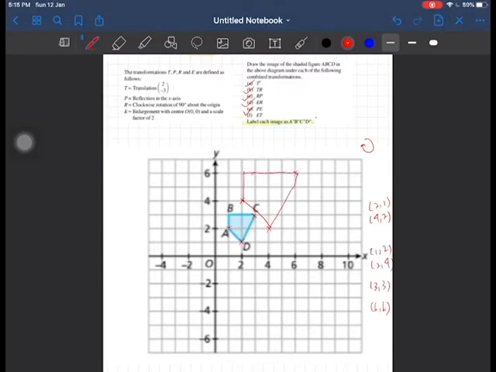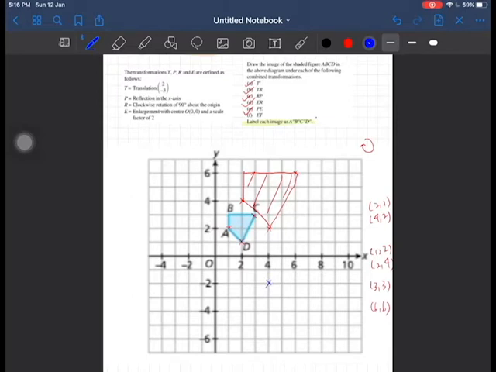And here's our first image, and then P, reflection in the x-axis. Remember to label it. I'm not labeling it right now, so I'll get one mark less. Right, so 1, 2, 1, 2. We'll do the reflection.